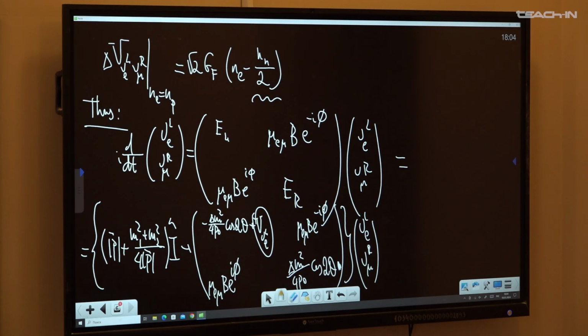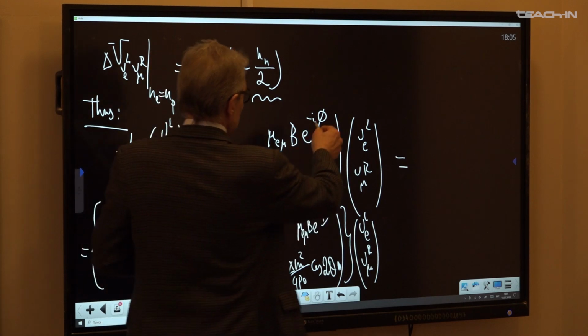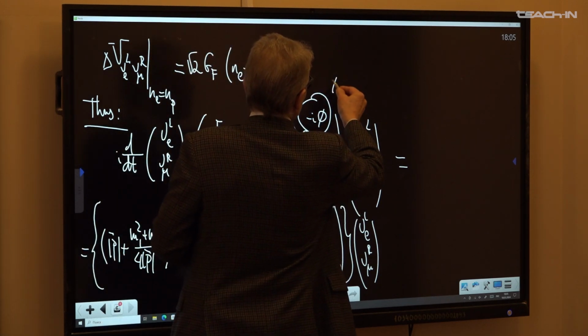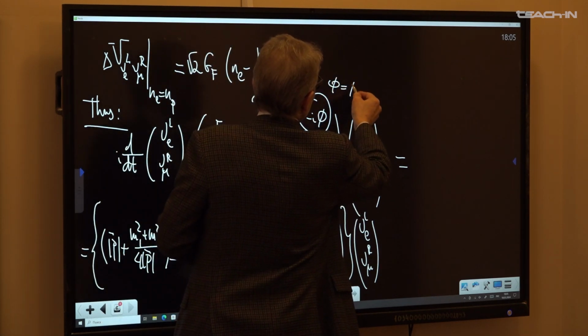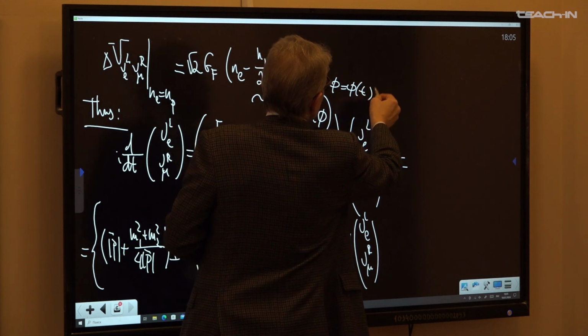Now, our goal is to find a solution, in a similar way as we did and solved this problem for the case of flavor mixing and oscillations. The only problem here is this term, because phi depends on t.